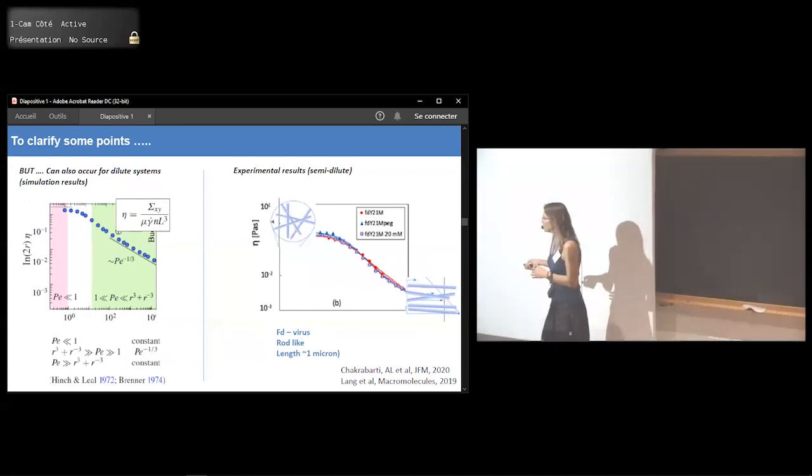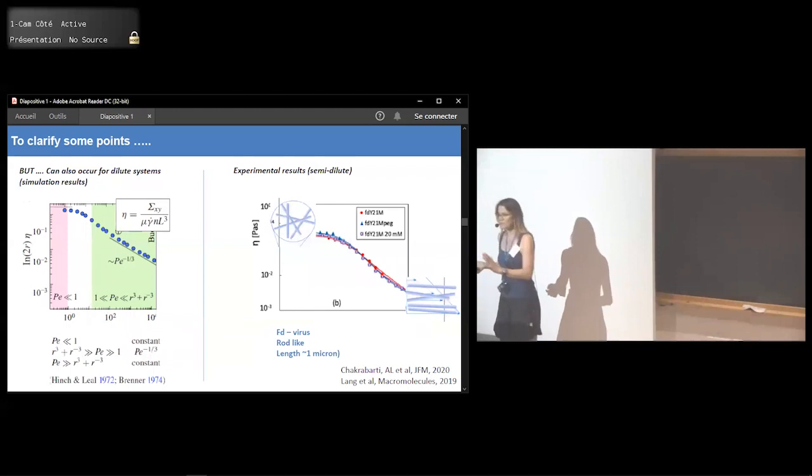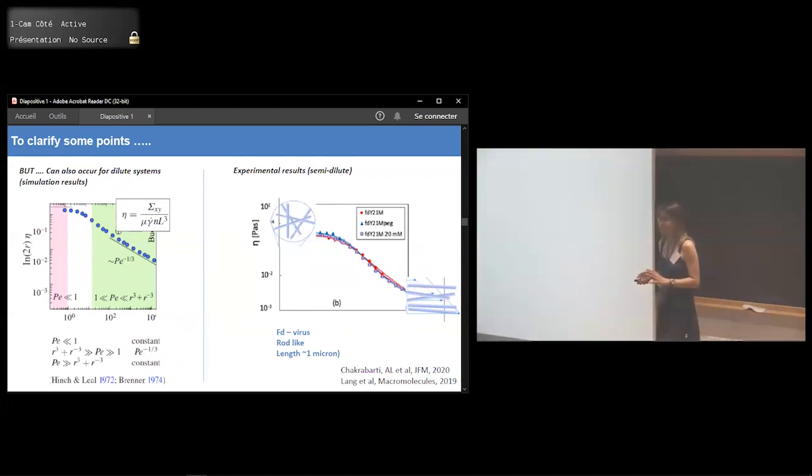Let me comment on that. What we cannot read from this graph is the real value of the increased viscosity, because the viscosity is scaled by the solvent viscosity and by something comparable to the volume fraction. The R is the aspect ratio, so it's a logarithmic correction that comes from the aspect ratio of the fiber.